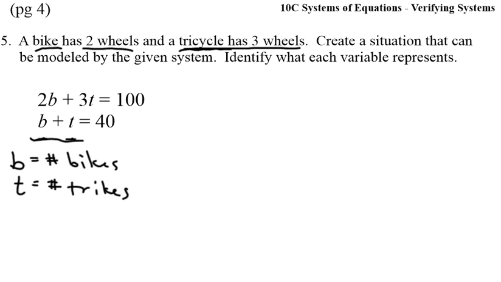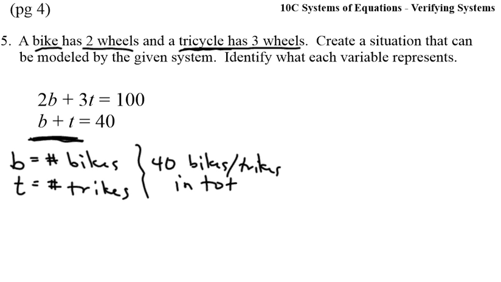That simple equation, b plus t, that could just be how many of each. So we know there's 40 bikes or trikes in total. That's what it's telling us.